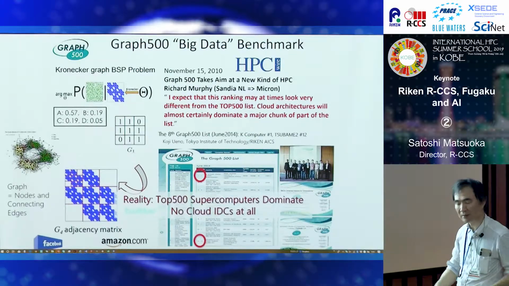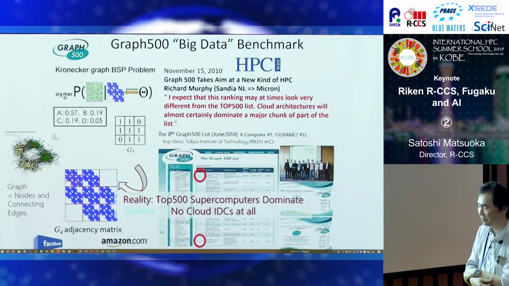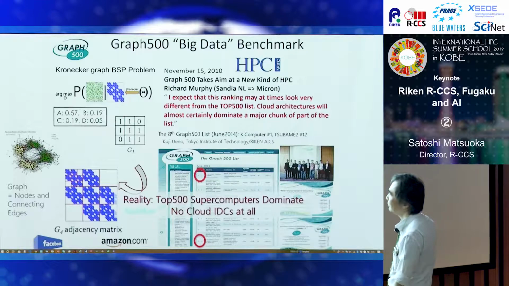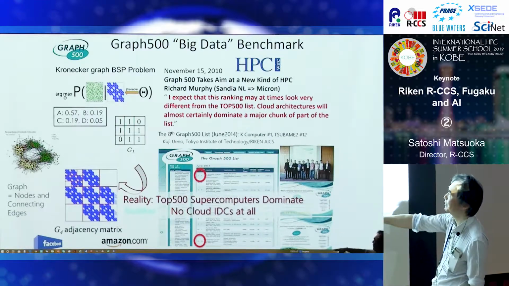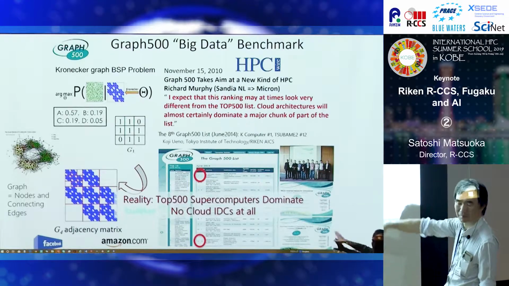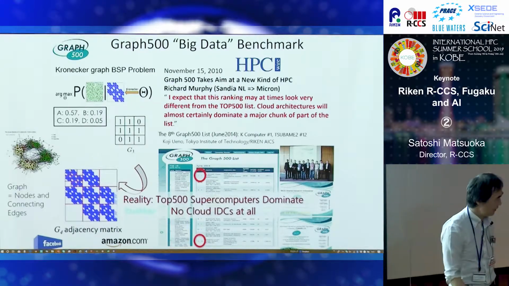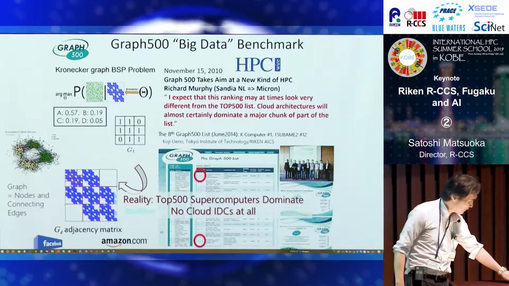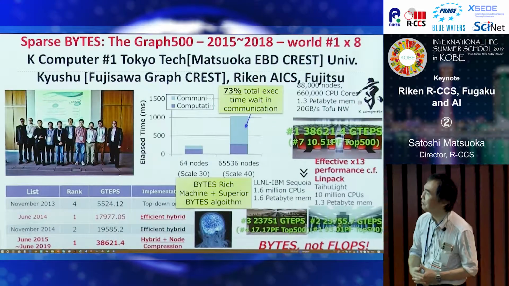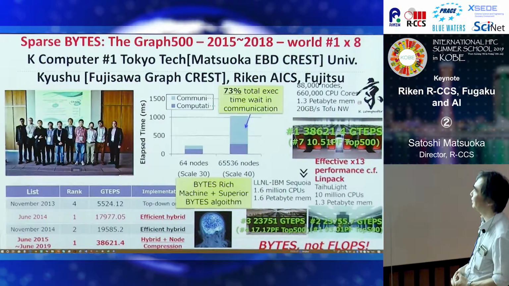It's a sparse problem, and the compute pattern is totally different. But when you look at the top of the Graph 500 now, you don't see any clouds that you might expect, but you see the familiar faces you see on the Top 500. And in fact, we've been dominating the list for the past 4 or 5 years.